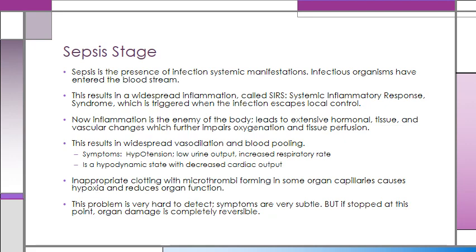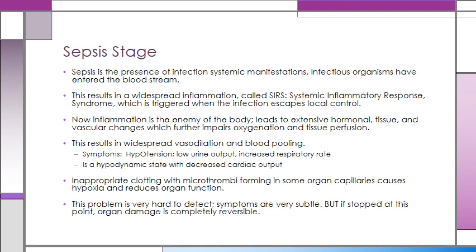Now inflammation is the enemy of the entire body. It leads to extensive hormonal, tissue, and vascular changes, which further impairs oxygenation and tissue perfusion. This results in a widespread vasodilation and blood pooling. The symptoms that you would see at the sepsis stage are hypotension, low urine output, and an increase in respiratory rate. These are all compensatory mechanisms that happen in that initial stage.